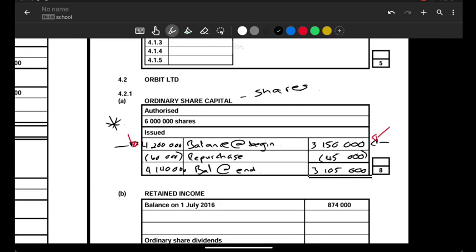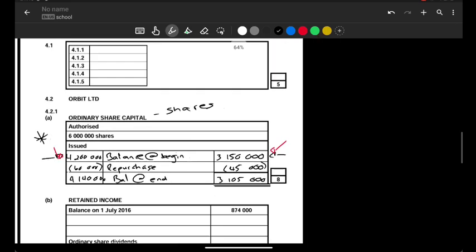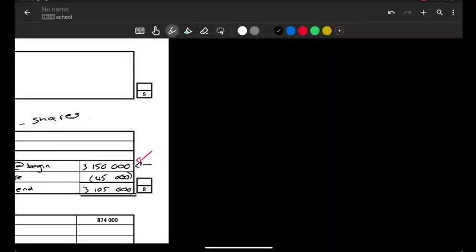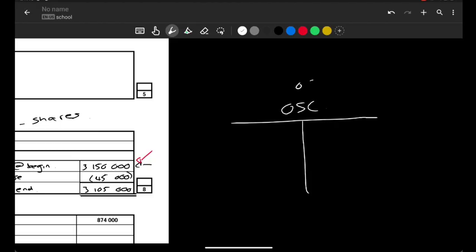Now if you're wondering how you draw this up in your general ledger, there's ordinary share capital. Remember, it's owner's equity, so decreases on the debit, increases on the credit.